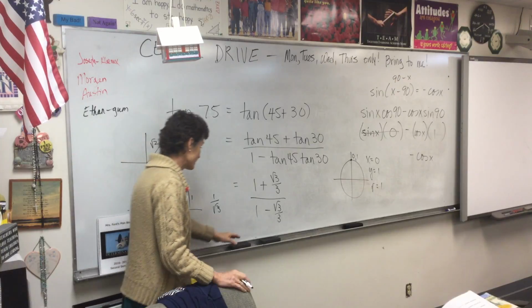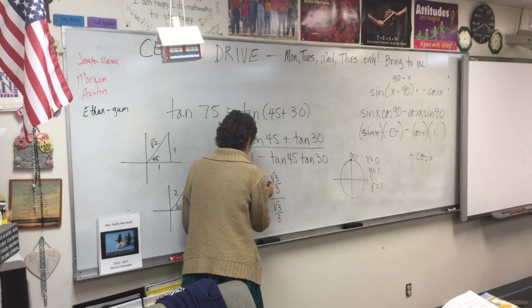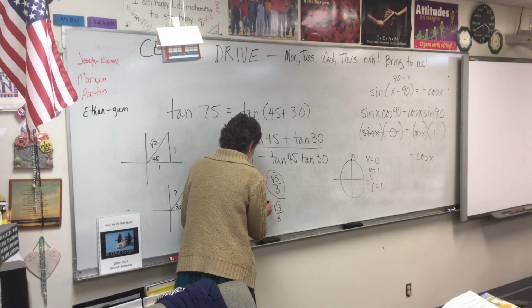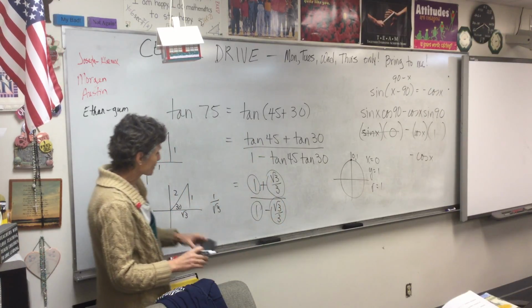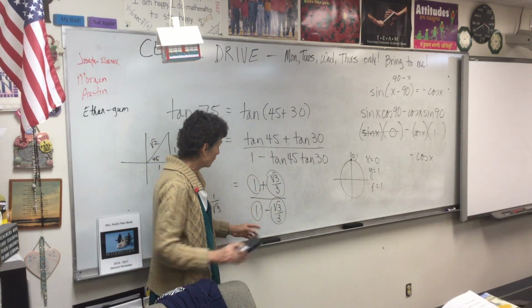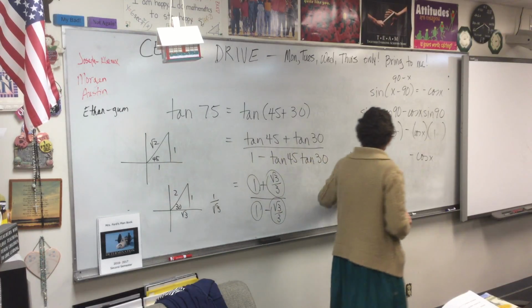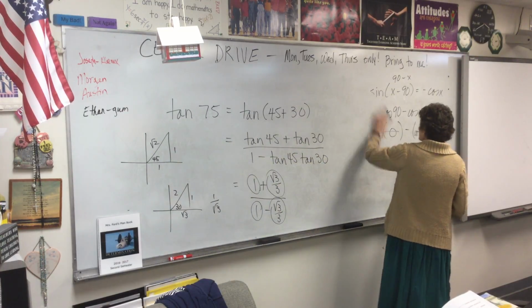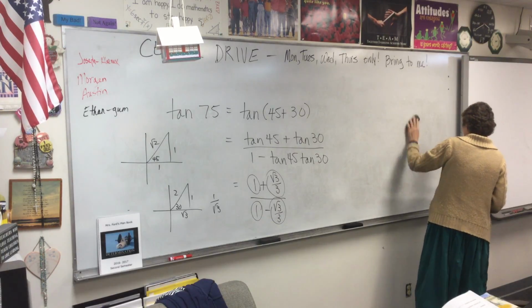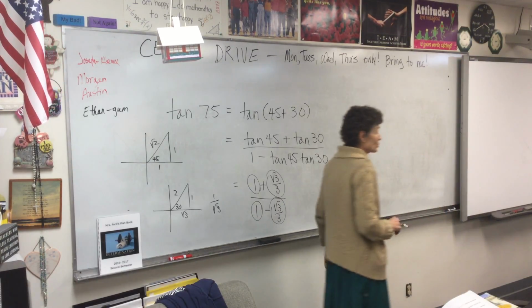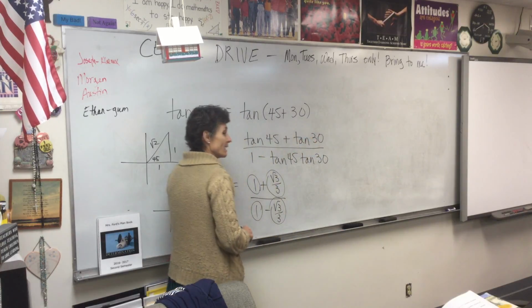Alright, now that's a mess. We got a complex fraction. That is, we have a big fraction with 4 little fractions in it. What's the common denominator of all those little fractions? 3. So I'm going to multiply everything by 3. Now, that's the way Mrs. Ford cleans up her complex fractions. You can do it other ways, but not as easy as this.